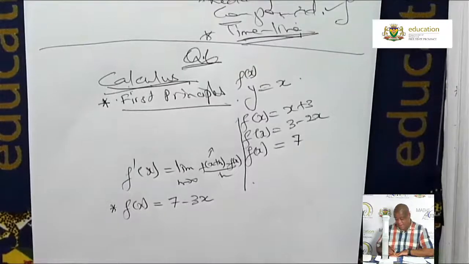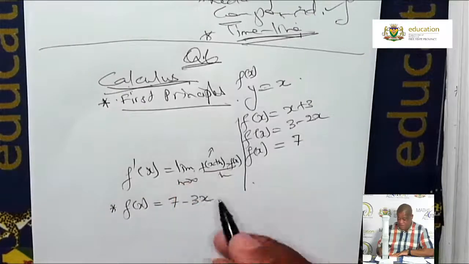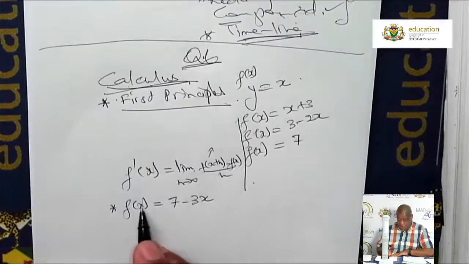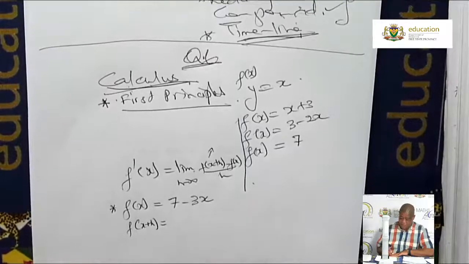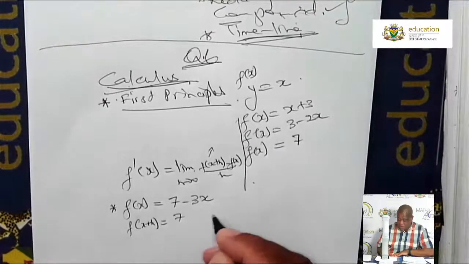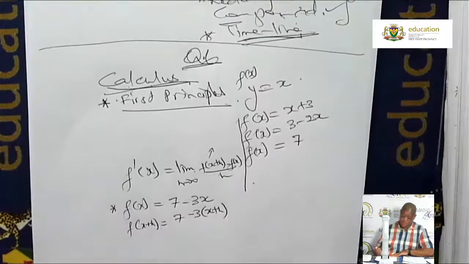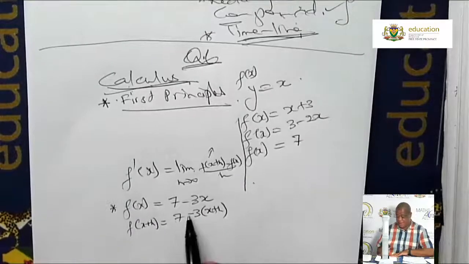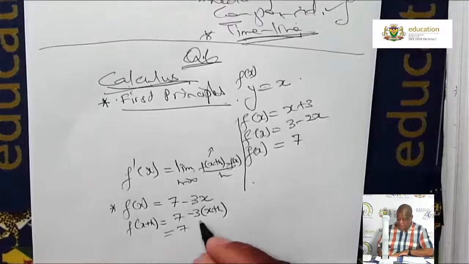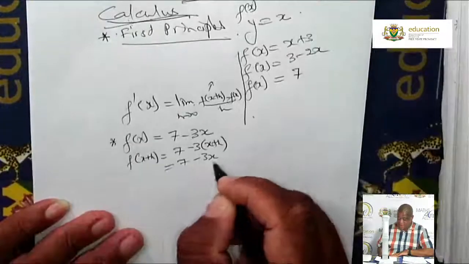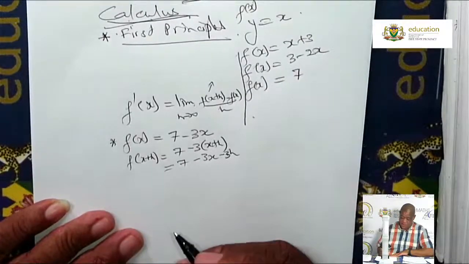Before you go anywhere, you know your derivative formula is going to need f of x plus h. This is your f of x. Find out what your f of x plus h is. Where you have x, put x plus h, which means you now have 7 minus 3 into x plus h. Work it out as 7 minus 3x minus 3h. There it is. That is your f of x plus h.